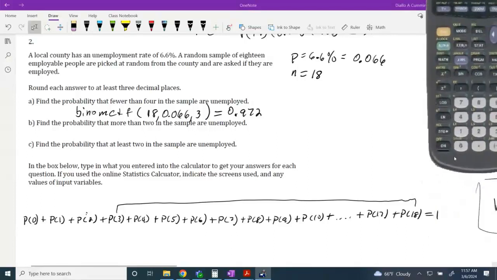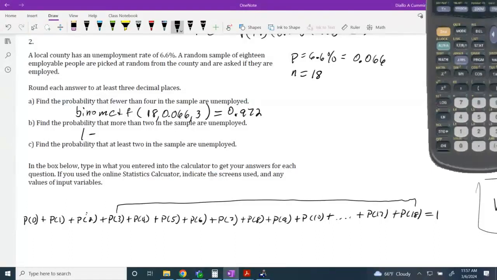So here's what I'm going to do. Since all of these probabilities together from 0 to 18 must equal 1, I can find out these probabilities, subtract it from 1, and that would give me 3 through 18. So this is how I'm going to put this in the calculator.